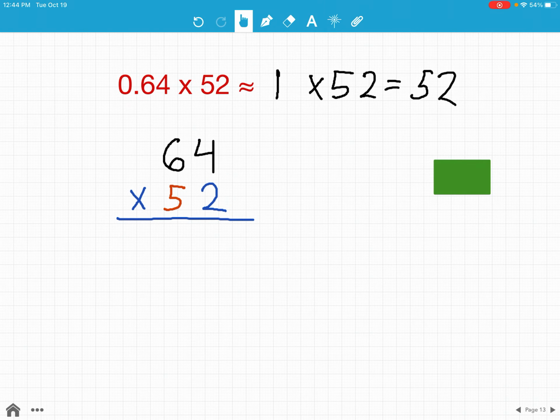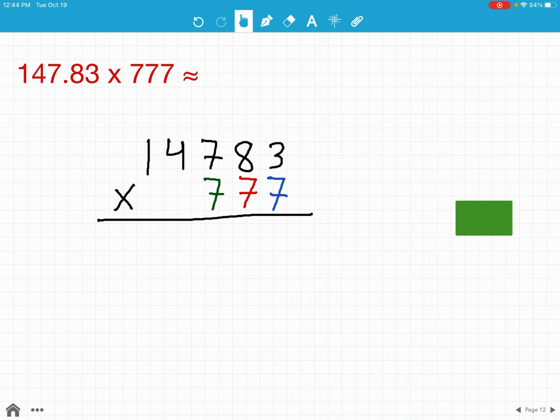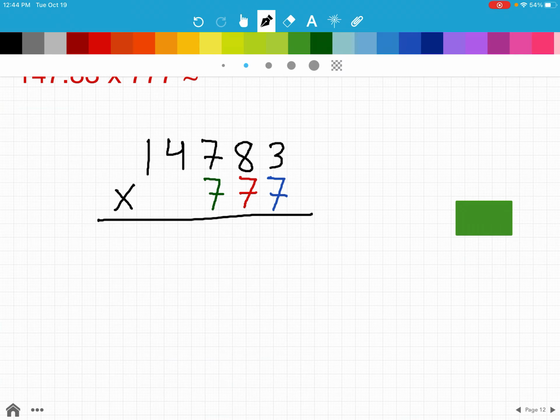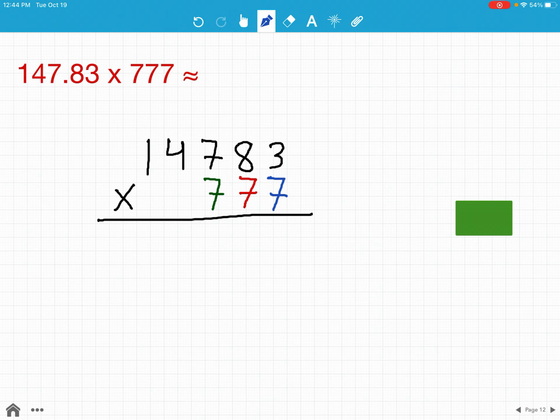Oops, went too fast. All right, I'm just going to go through these. This one's fairly simple because we have times 7. All of them are 7. So once I do the first one, you're going to see that a pattern is going to happen. So 7 times 3 is what I'm doing first, and that's 21. 7 times 8 is 56, plus a 2 is 58. 7 times 7 is 49, plus 5 is 54.